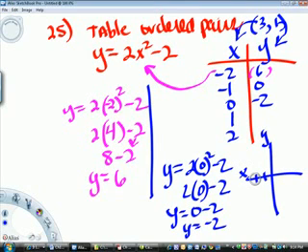Then I go up in the y direction, up 6: 1, 2, 3, 4, 5, 6. So back 2, up 6 is here. This is something you have to practice, but starting at 0, 0, back 2, up 6, this dot right here is -2, 6.